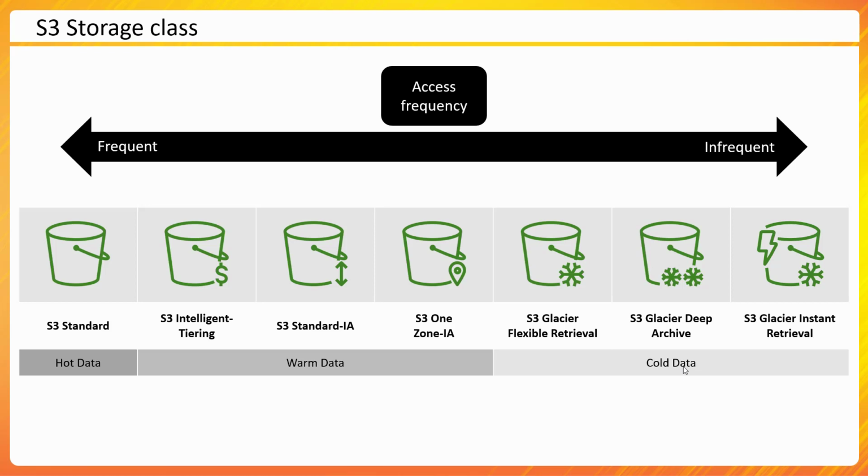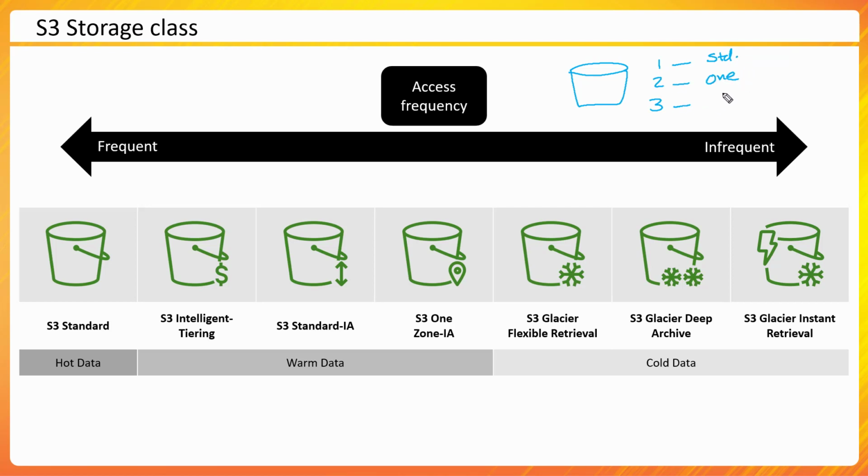Now, one more clarification here. The storage classes can be set on an object level if you want. So you can have one single bucket, and in that bucket you can have, let's say, objects 1, 2, and 3. First object I may say I would keep in Standard. Second object, I may say I would keep in One Zone IA.